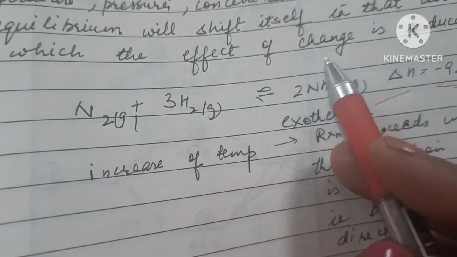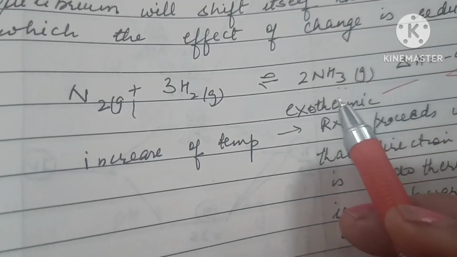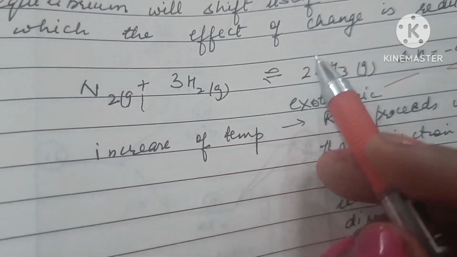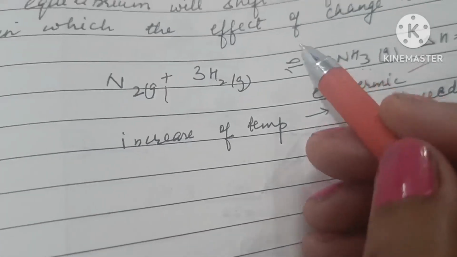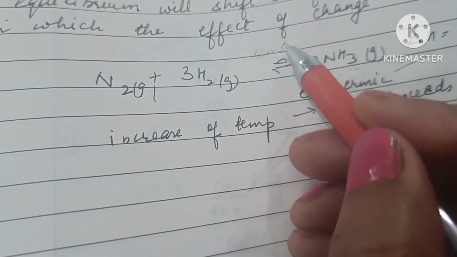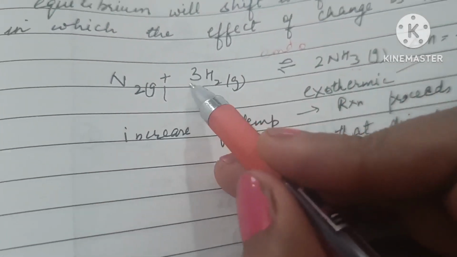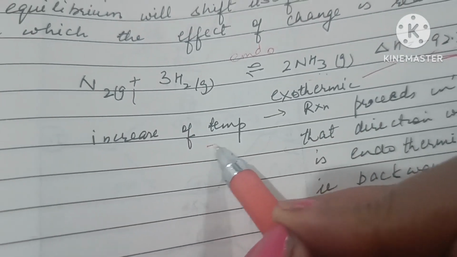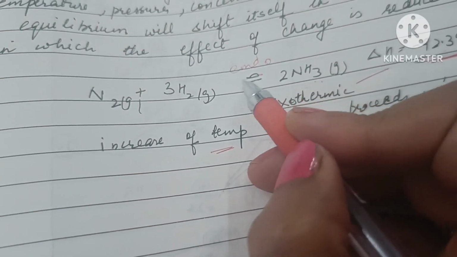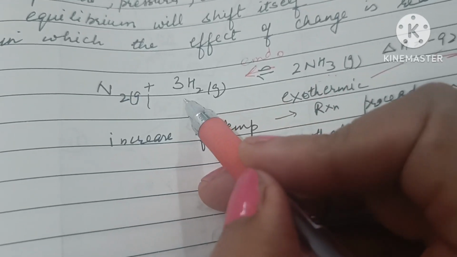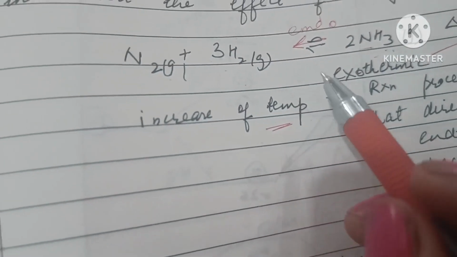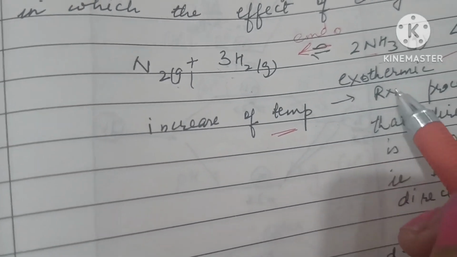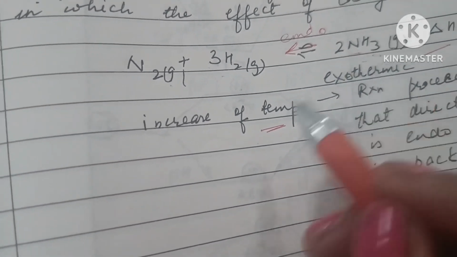So if we increase the temperature, the reaction will go in the direction in which it is endothermic. If in forward direction it is exothermic, in backward direction it is endothermic. So on increase of temperature, reaction will go in the backward direction, that is ammonia will decompose to counteract the effect of increase of temperature.